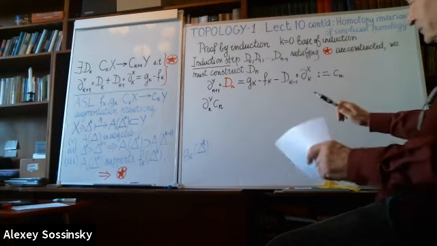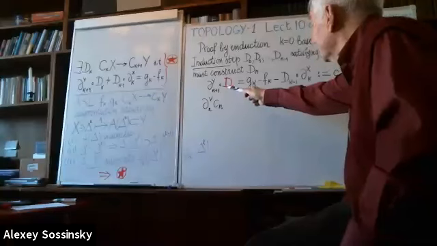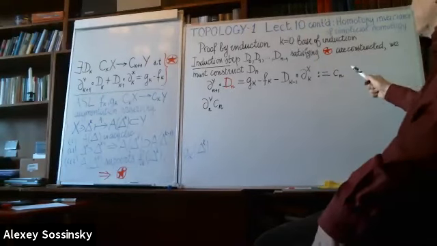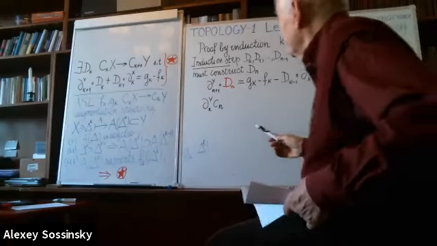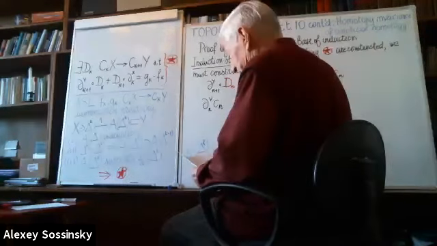Let's start over again. I have to construct a dn such that satisfies this relation. I am computing the boundary of Cn.